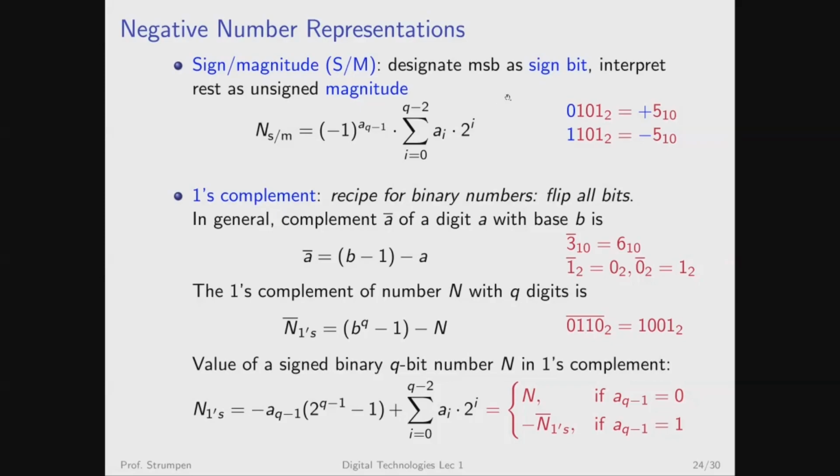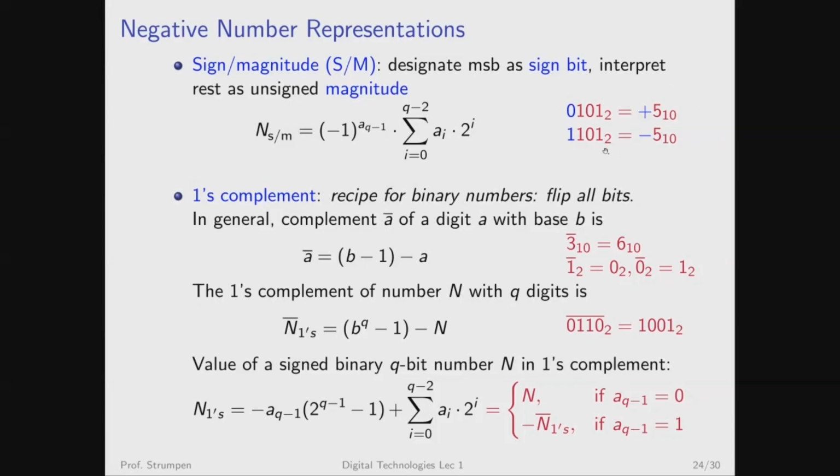The name suggests that a binary number that is represented as a sign and a magnitude designates the first or the most significant bit as the sign bit and interprets the remaining bits as the unsigned magnitude.